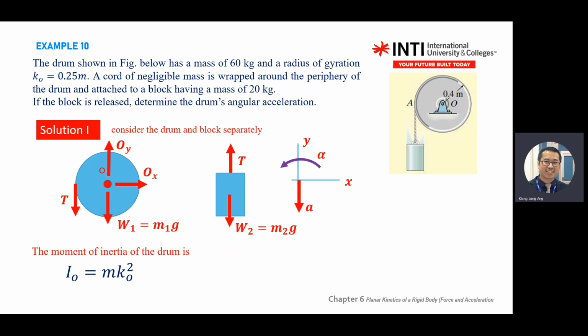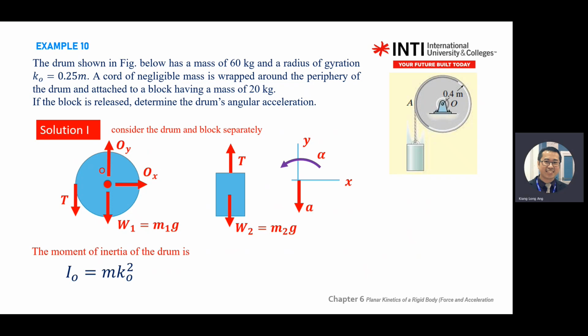Then the inertia of the drum, IO equals mk squared. Sorry, it's not m, it's I. I equals mk squared. So if you're given the radius of gyration, k, the question actually forces you to use this equation, I equals mk squared.